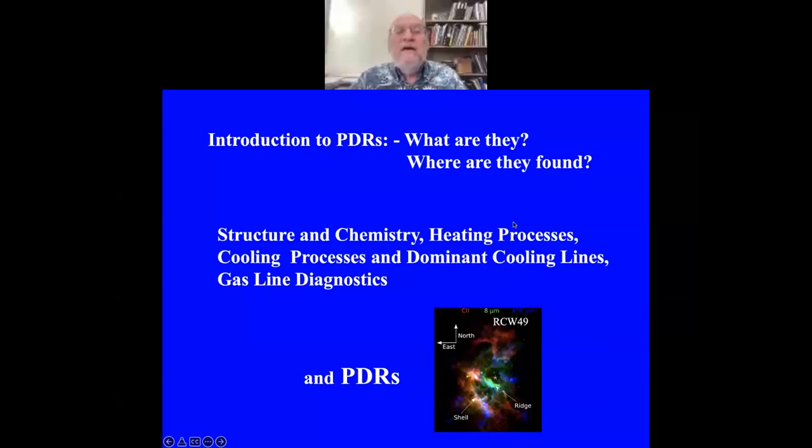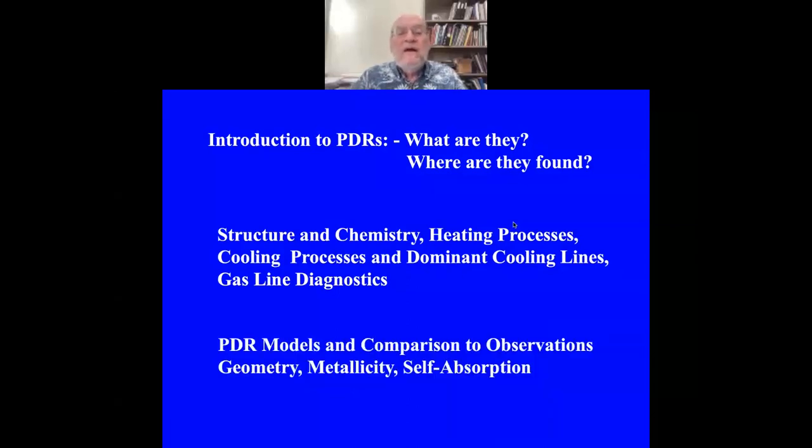Then we'll look at the structure and chemistry of PDRs, the dominant heating and cooling processes, where the cooling lines are formed, and what you can learn from them. And then we'll look at PDR models in comparison to observations and finish off with some caveats, some things to watch out for if your models don't quite work or if they need some adjustment.